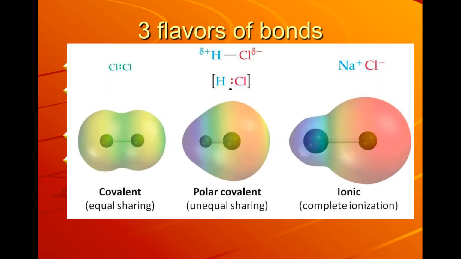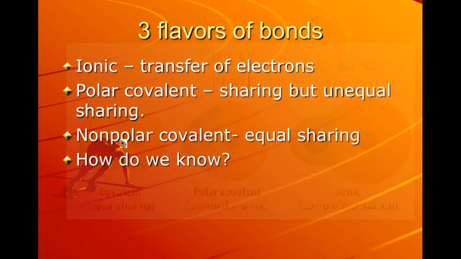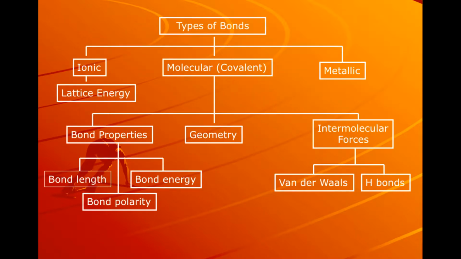So how do you know whether it's ionic, polar covalent, or nonpolar covalent? Everything up to 0.4 is nonpolar covalent, 0.4 to 1.7 is polar covalent, and then greater than 1.7 is ionic. So make sure you know those numbers. So this is just kind of a big overlooking view.